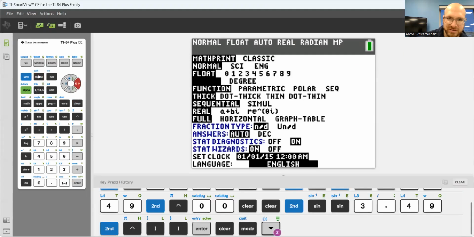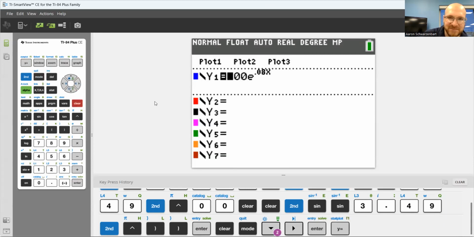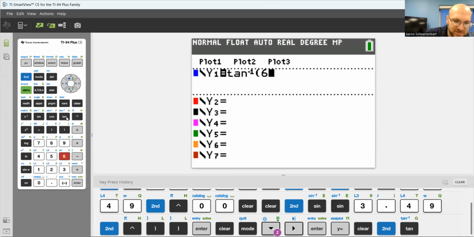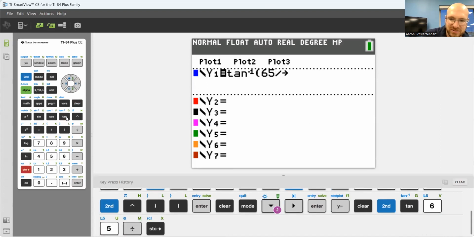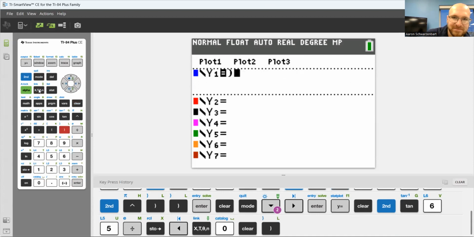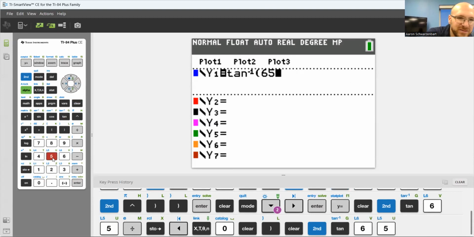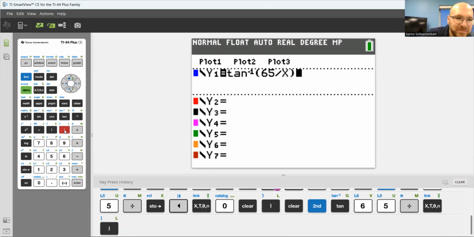Mode, I'm going to put it in degree mode. I'm just going to do divided. Oops, I have to use the calculator buttons. I'm not very good at this. Press the buttons on the calculator. Nope, I don't want alpha.